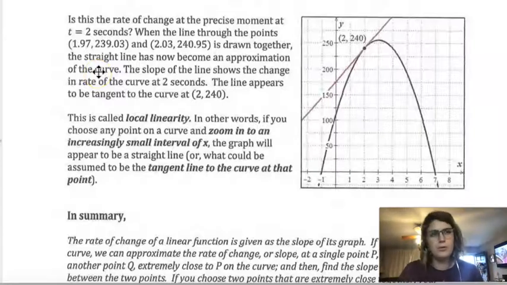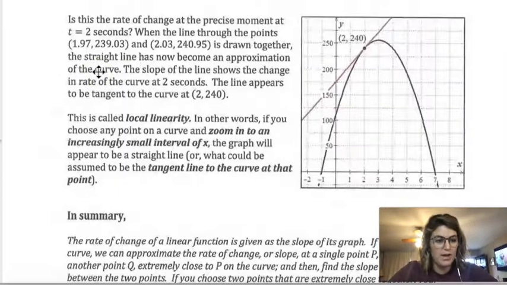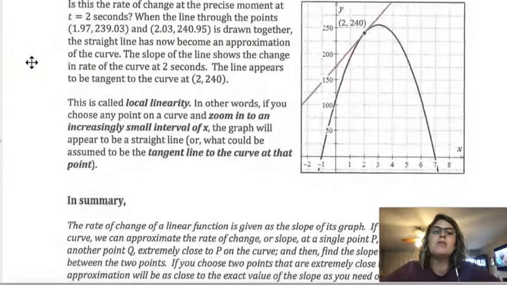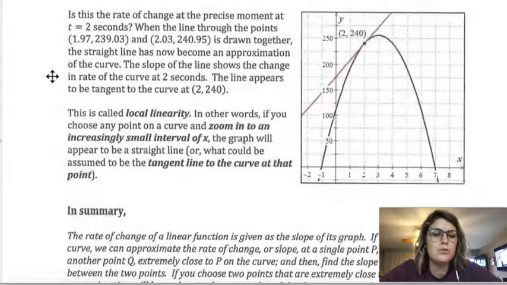So if you remember from before, when we looked at secant lines, we would find the slope of that line. It's also what we did with tangent lines. And it says, the slope of the line shows the change in rate of the curve at t equals 2 seconds. The line appears to be tangent to the curve at 240.